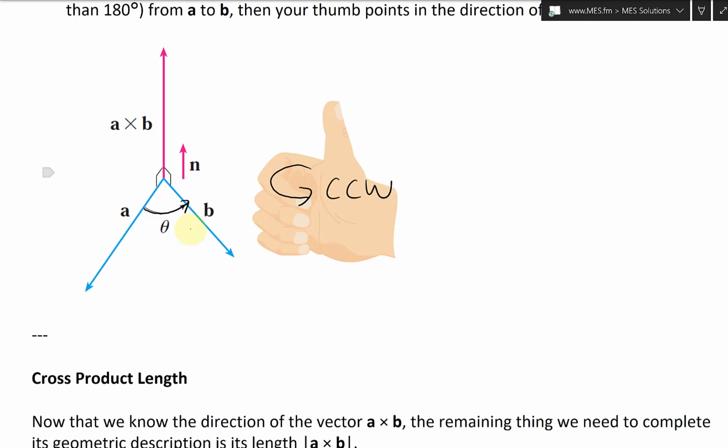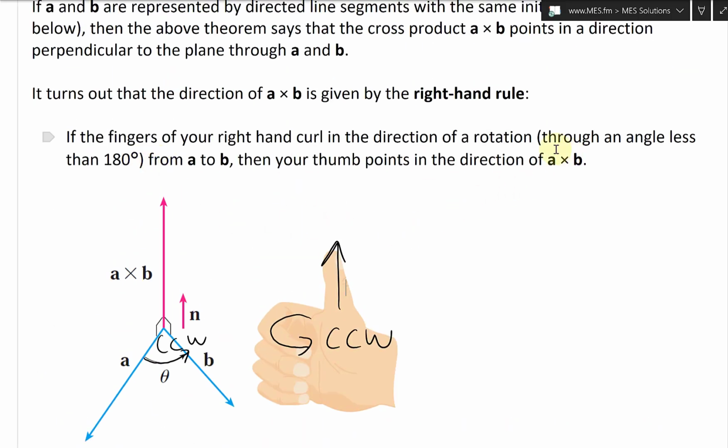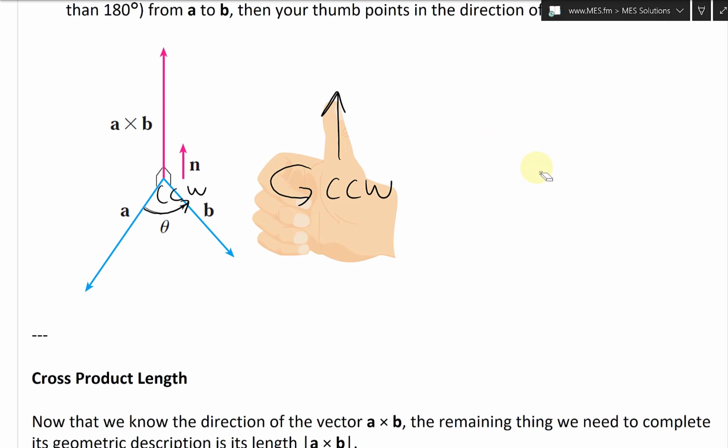Your fingers curl like this, and then your thumb points in the direction of A cross B. So if your fingers are rotating in the direction from A to B, then your thumb points in the direction of A cross B.